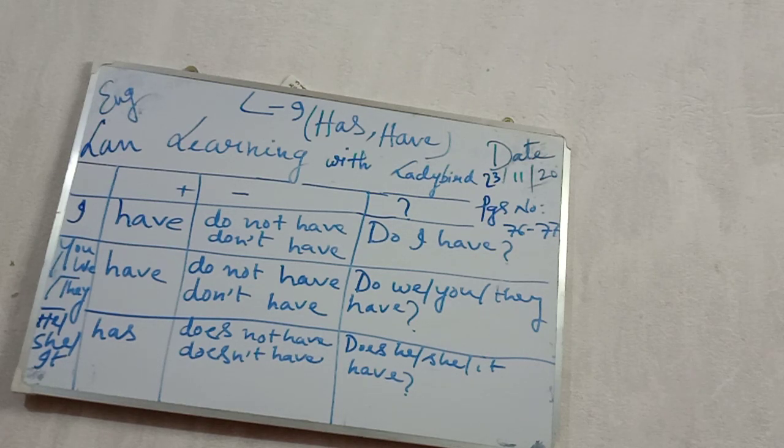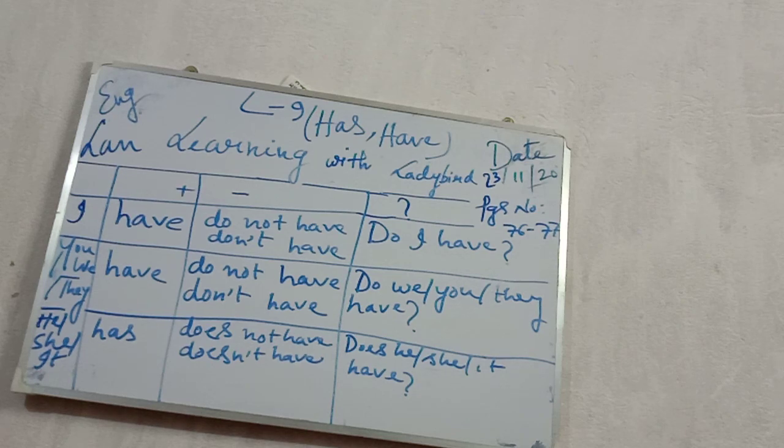Does Marco have a fish? Then no, he does not have a fish. It means the answer has been given in negation. He doesn't have a fish. That's why doesn't have has been used. If he would have possessed a fish, then it would have been he has a fish.